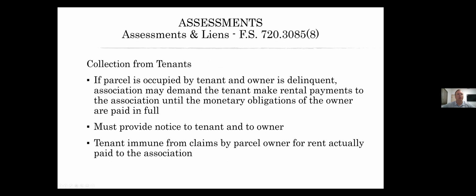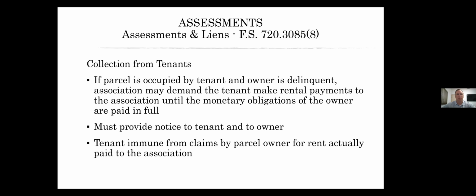An interesting benefit that Chapter 720 also provides to the association is, where a tenant is occupying the parcel, the association can actually collect the assessments from the tenant directly if the homeowner isn't paying. Now, you have to provide notice first before you can do that.